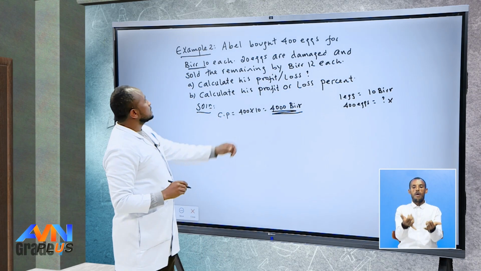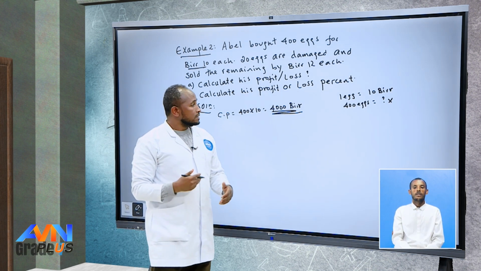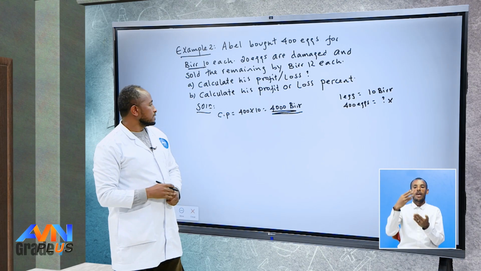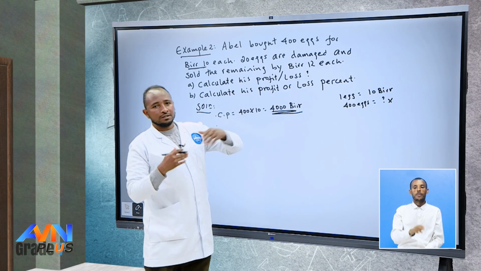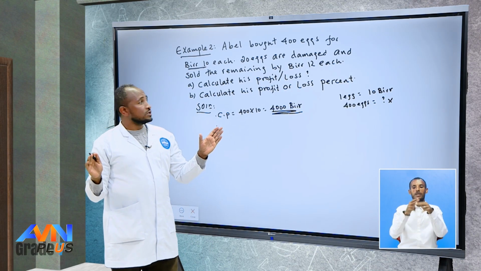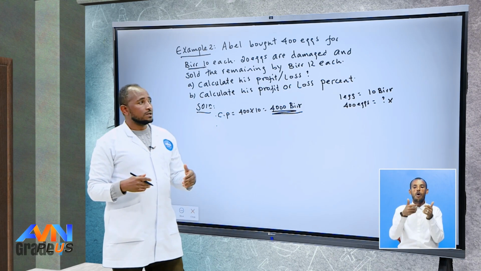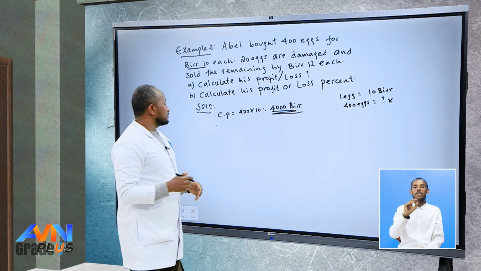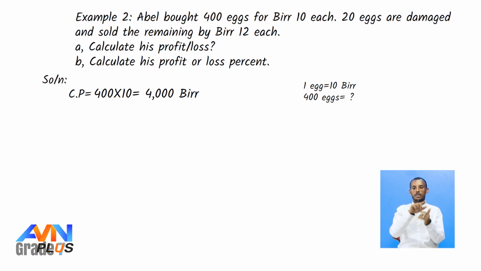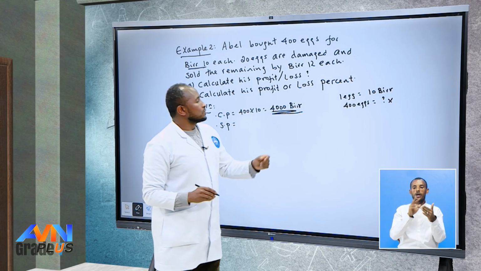Now, let's try to find the selling price. Here, 20 eggs are damaged, so he sold the remaining. How many eggs has he sold? He sold 400 minus 20 eggs. What is the selling price of one egg?